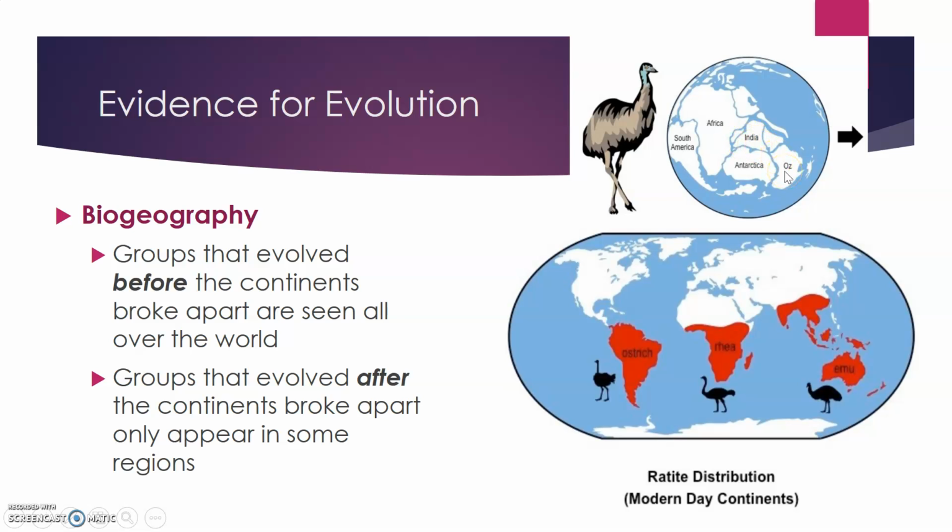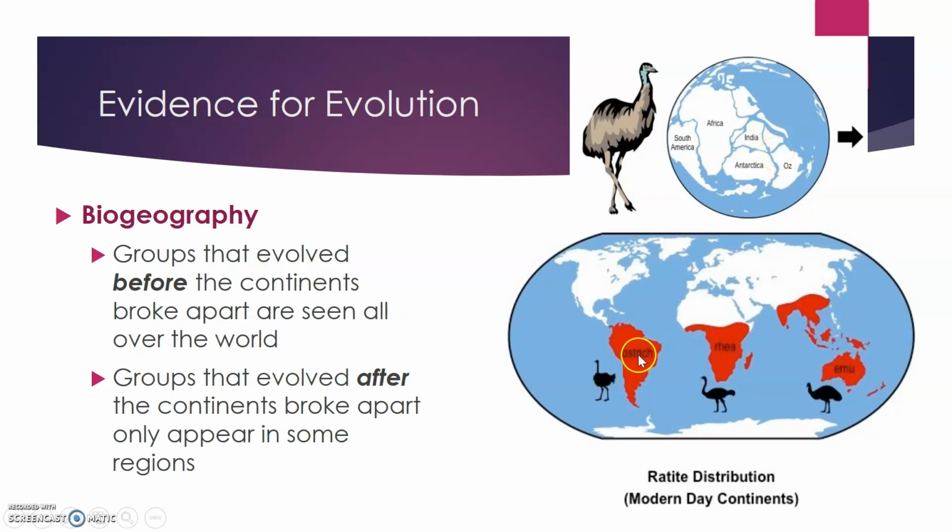And so the evolutionary biologists would argue that the ratite birds, or these large birds like ostriches and emus, evolved in a single event, and then they were living on South America, Africa, and this area here before the continents broke apart.